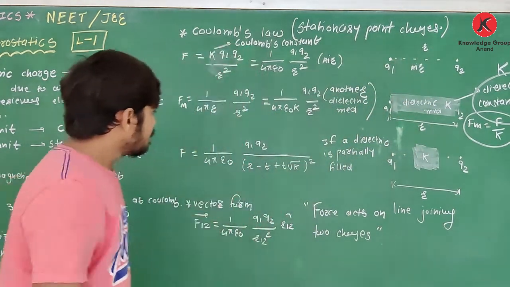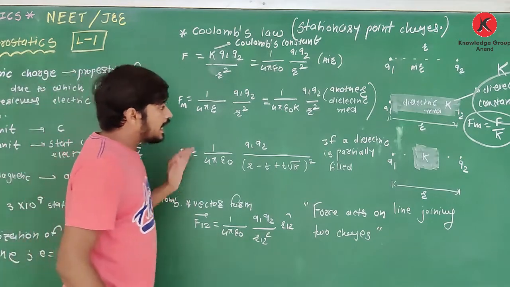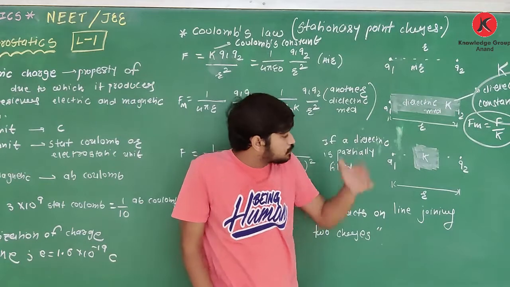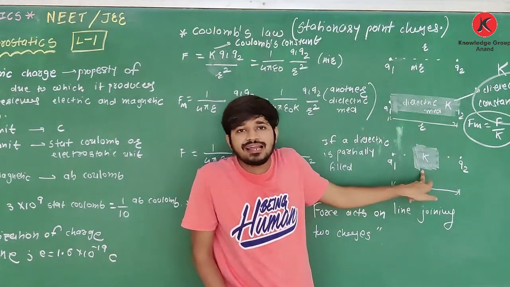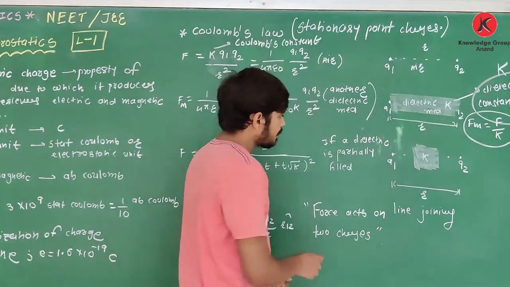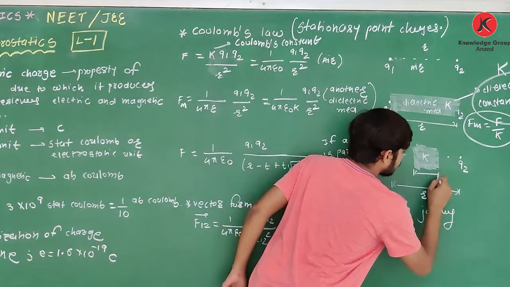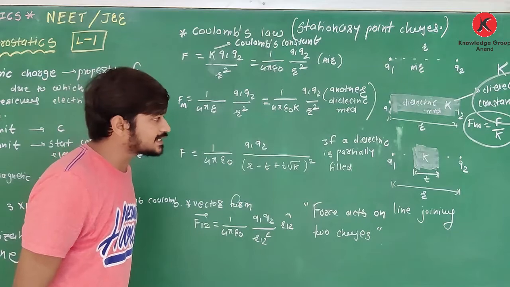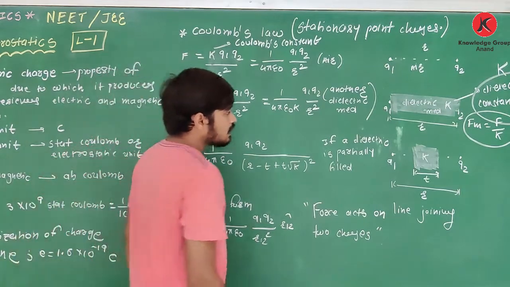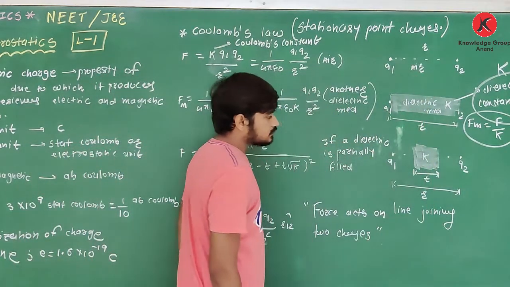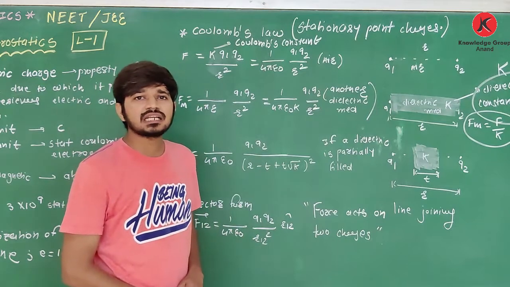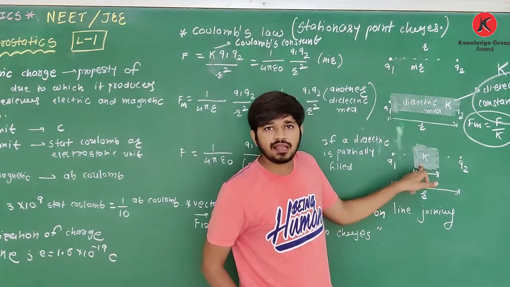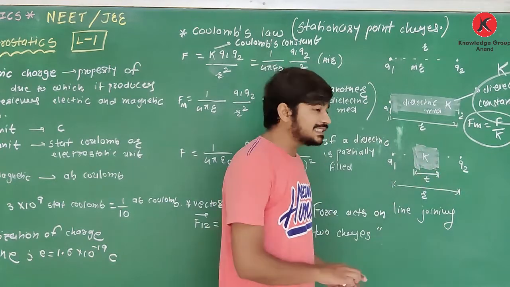Clear about this? Now the next case: if the region between the two charges is partially filled by another dielectric. Here, if the thickness of this dielectric is t, and it is placed between these two same charges, then in this region it is another dielectric, while in the remaining regions it is air.